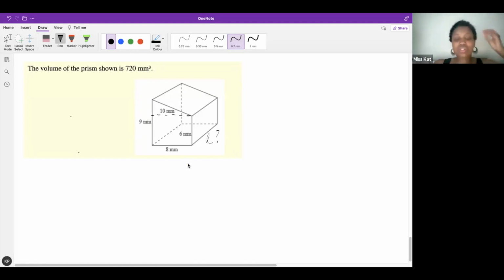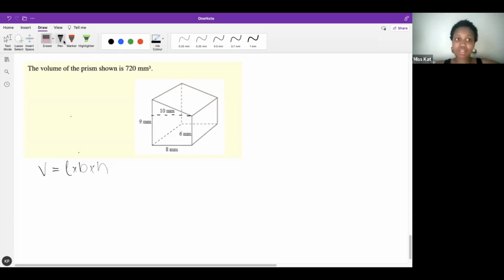Let's start with the one at the bottom, which is a rectangular prism. So volume of that would be what? Volume of the rectangular prism would be length times breadth times the height. Now this long side, which one is it in my formula?